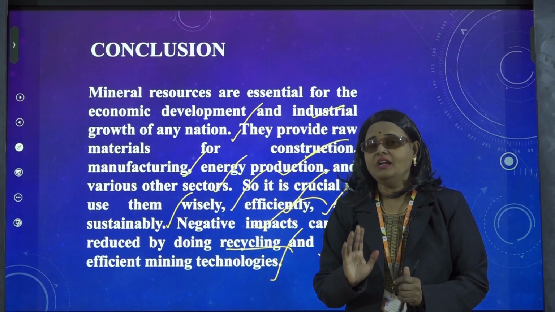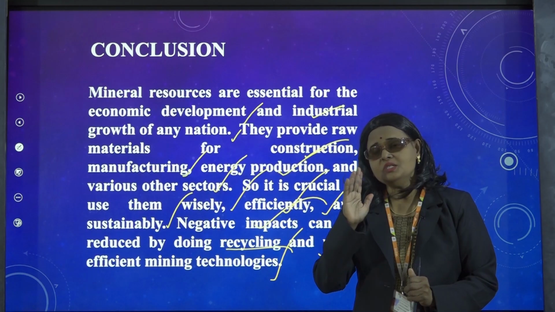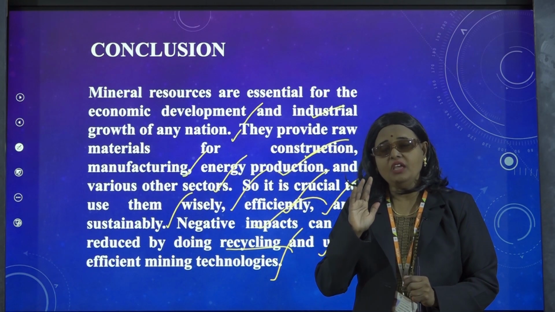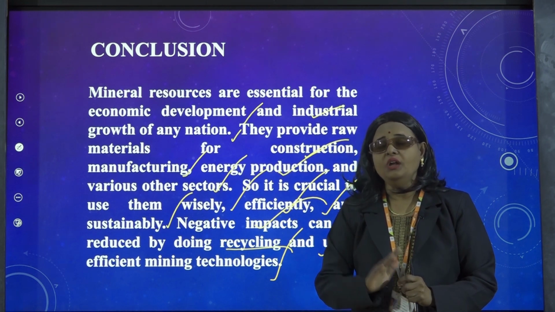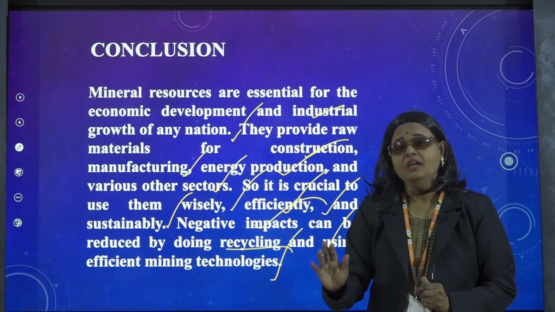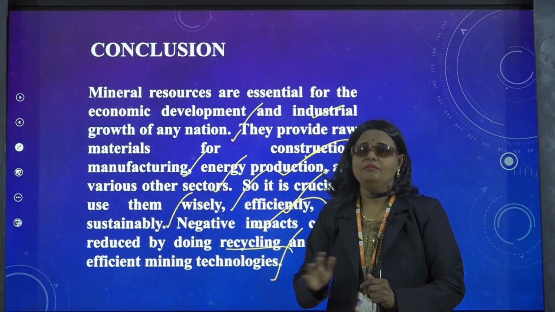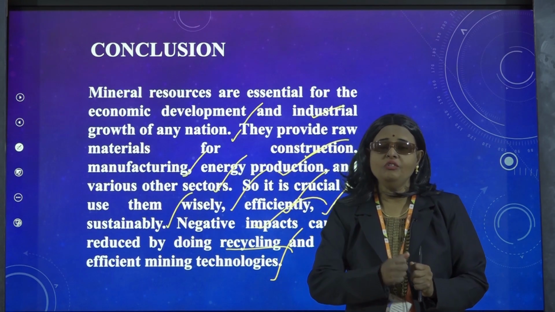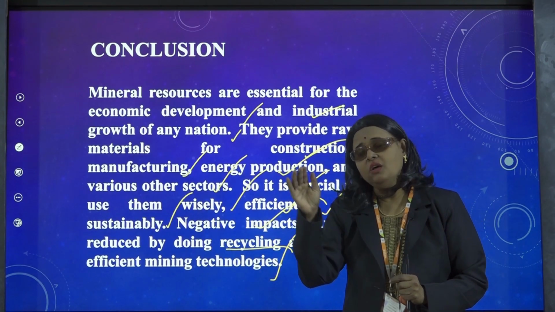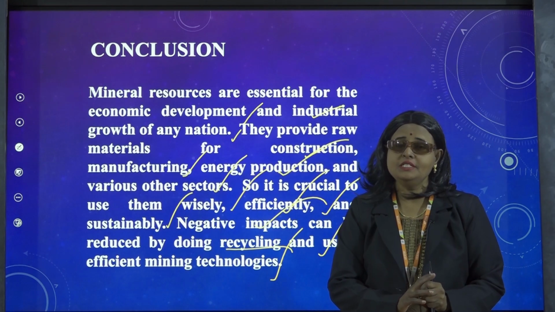Okay, so I conclude that these mineral resources are very important, but there are some environmental consequences. We have to take up the responsibility to control these impacts, okay, and also preserve the minerals for a long period of time. As an engineer, what can you do? You suggest some measures or you apply some technology and control the problems of mining. Is it clear?